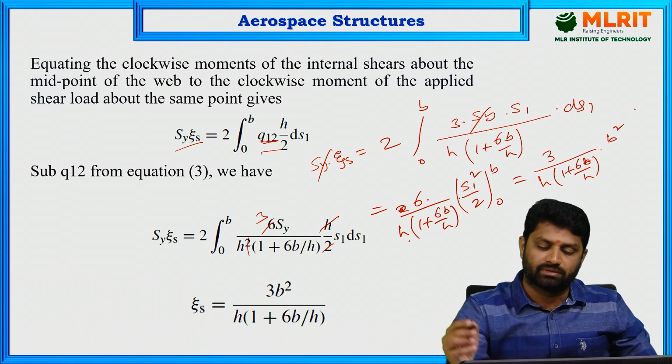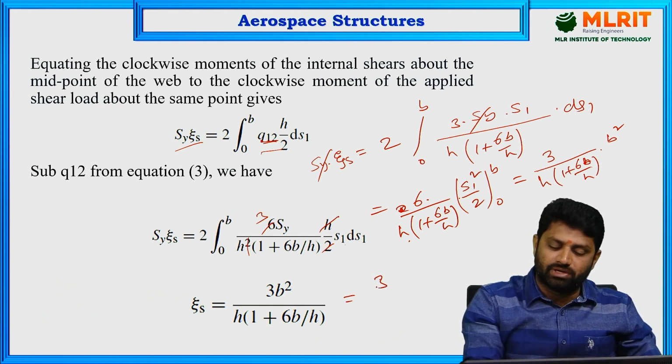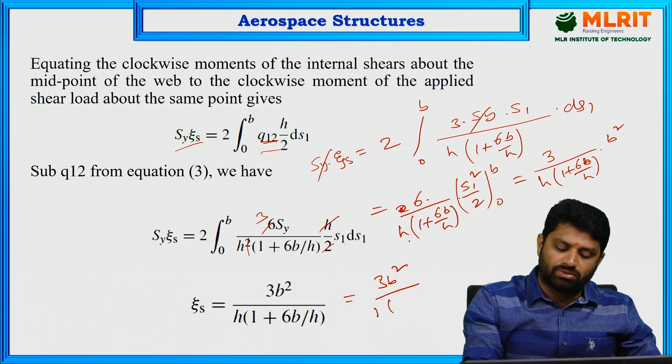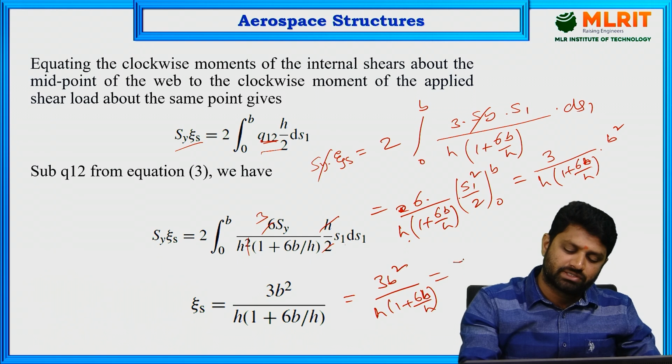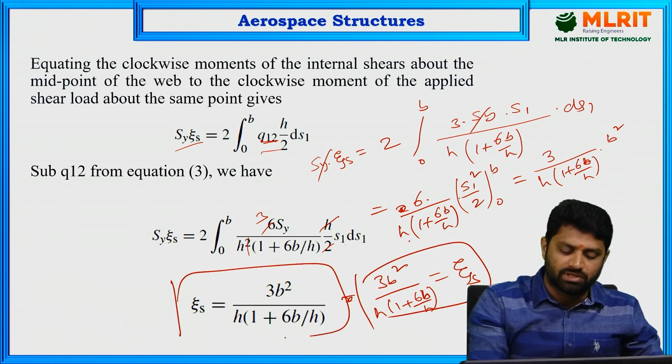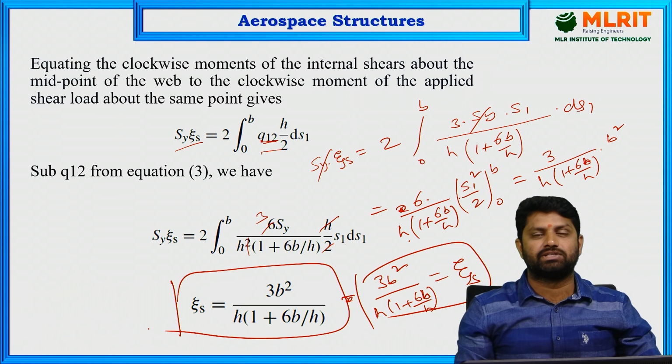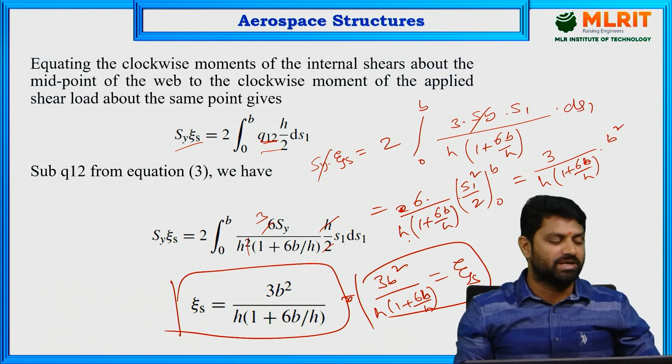So finally you get 3b square divided by h into 1 plus 6b by h, which is nothing but the shear center position zeta s. So this is how you calculate the shear center position for open section beams.